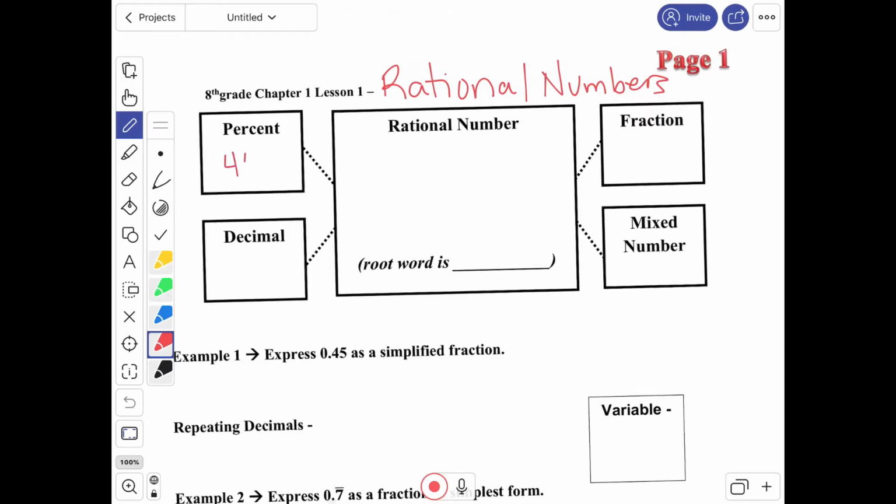A rational can be a percent, like 40%, or it can be represented as a decimal. It can be a fraction. It can even be a mixed number. A rational number is any number that can be written as a comparison.